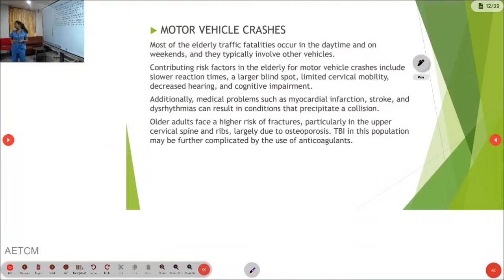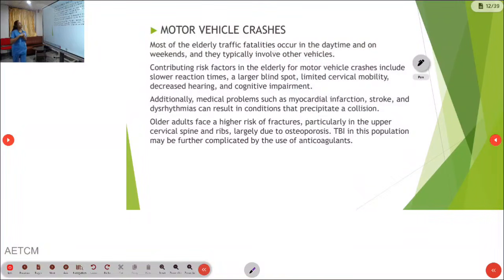Next is motor vehicle crashes. Most of the time, if an elderly person is involved in a motor vehicle crash, it will be in the daytime, mostly on weekends, and most commonly involving other vehicles.